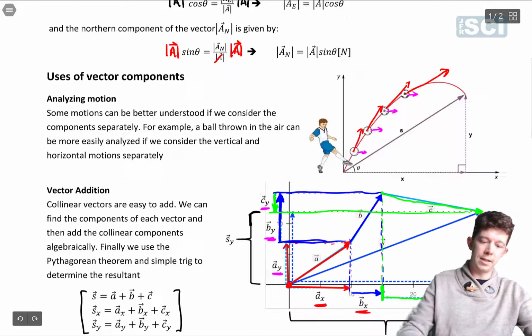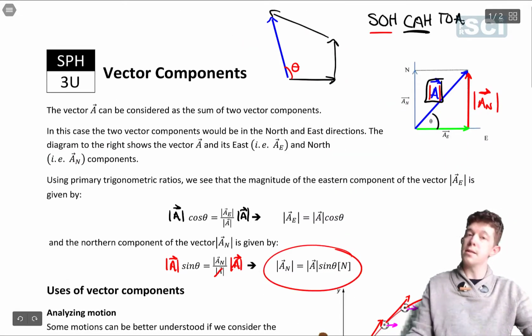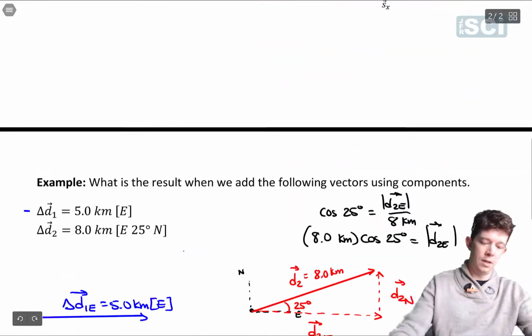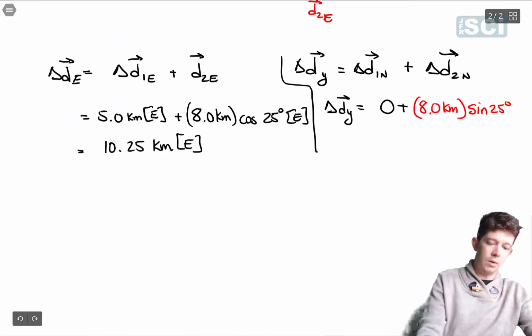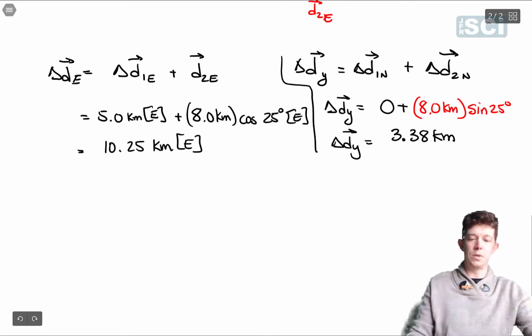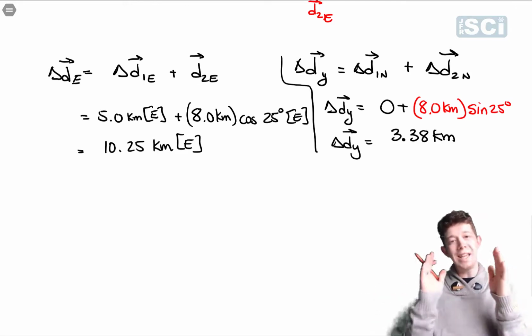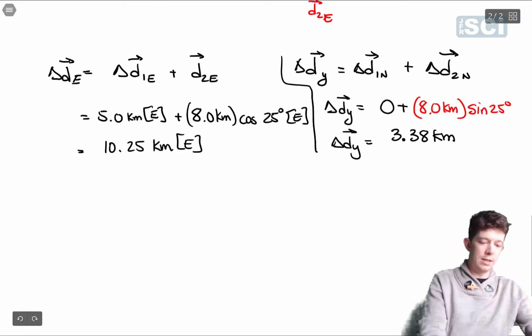And that's from the fact that our y component or the north component is the sine of the angle. Okay, so here we go, delta dy, and if I work this calculation out, I get 3.38 kilometers.